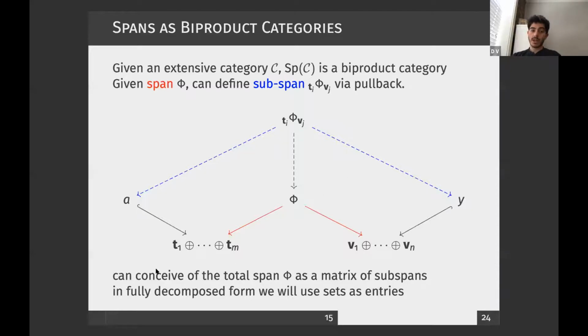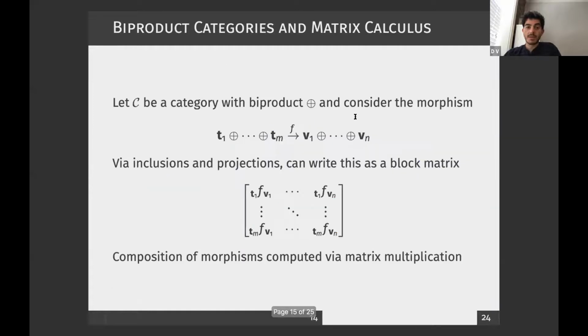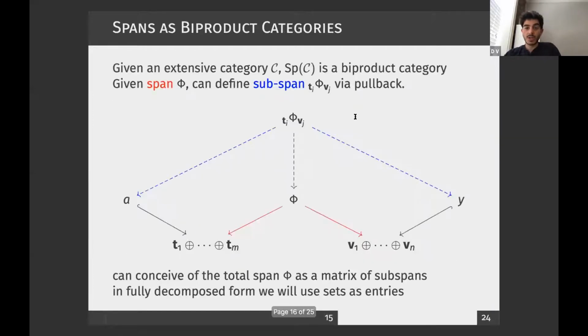Recall that a span from one thing to another thing is a roof with arrows going both ways. Excuse me, there's a typo here. This A should be a TI and this Y should be a VJ. In this specific context of spans, how would you extract these components? Like here we extracted components by these inclusions and projections.